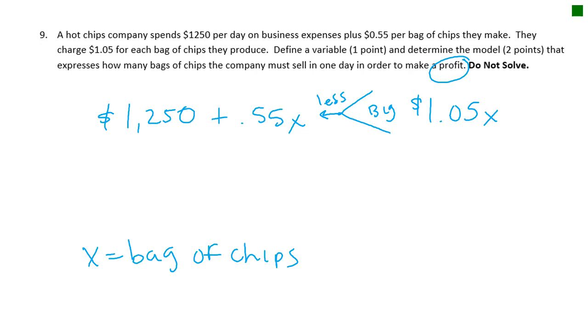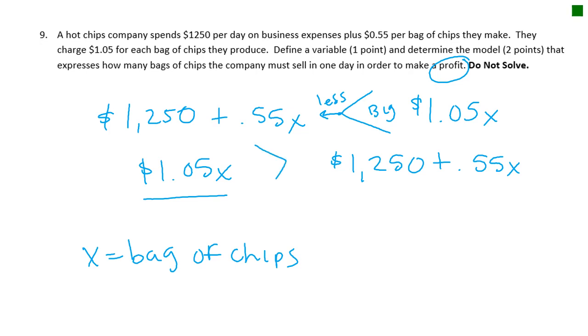All right. You can also write the profit on this side and the expenses on the other side. It does not matter. What matters is that you put the right symbol. Again, since the profit is on this side, that means that my symbol is now the greater than symbol.